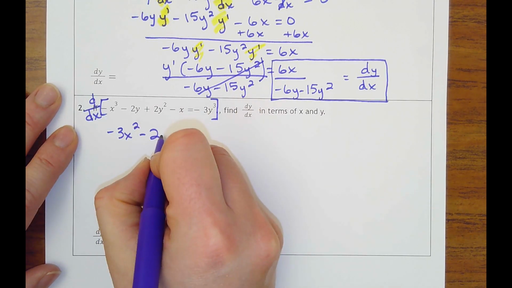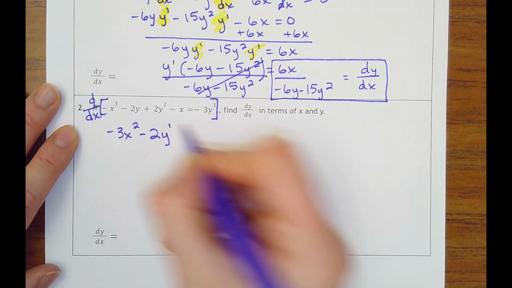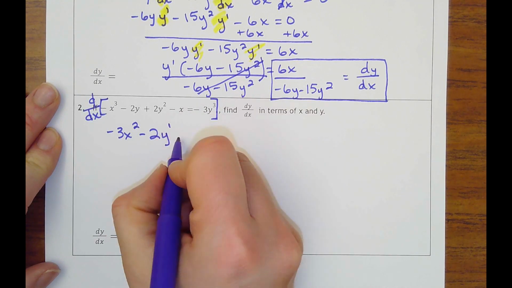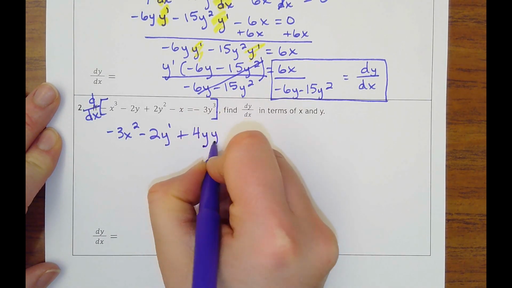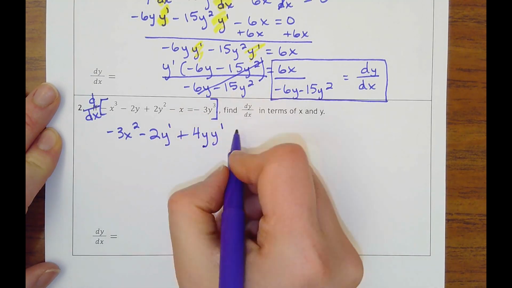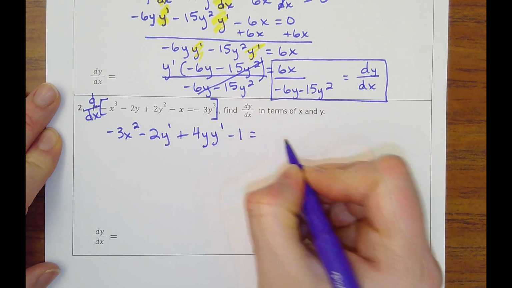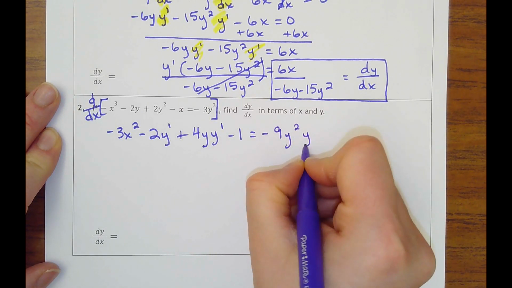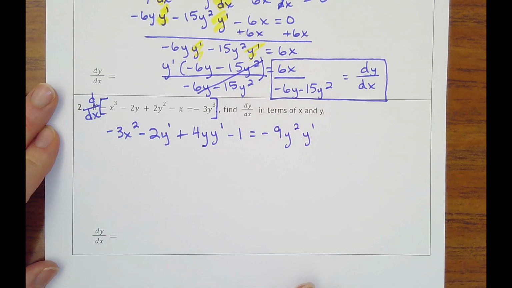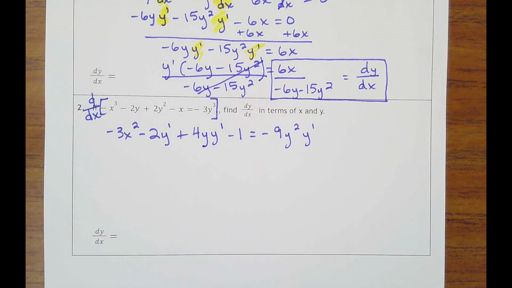But since I'm taking the derivative of y, I'm going to get that dy over dx, or I'm going to go ahead and write y prime, plus 4y, and then I would need times another y prime, minus 1. Equals negative 9y squared y prime. So basically anytime you're taking the derivative of y, you're going to get a y prime.